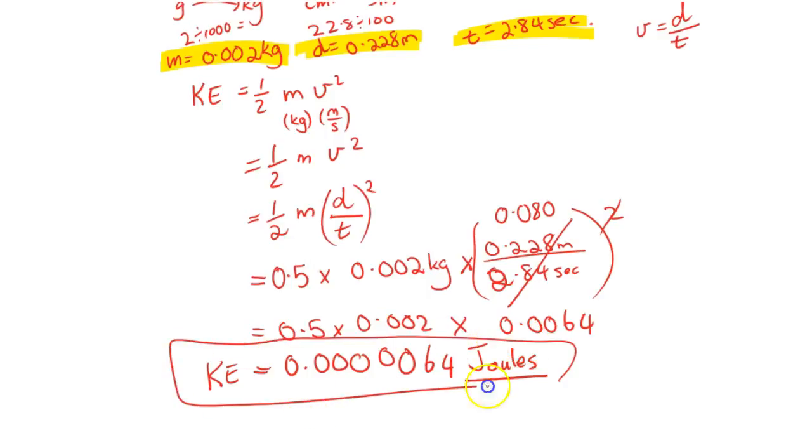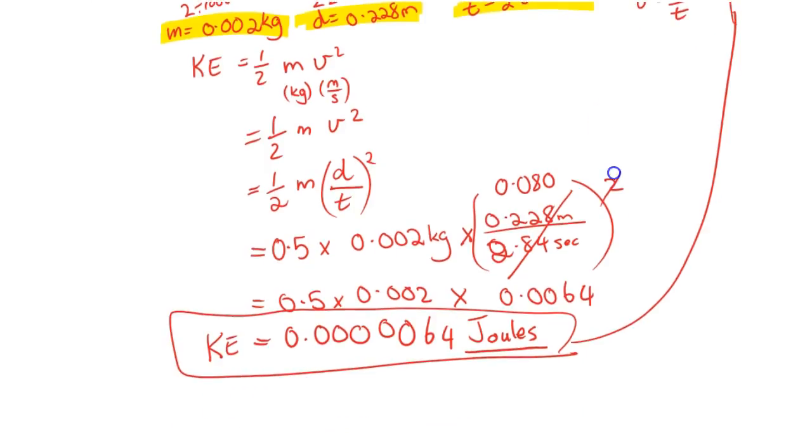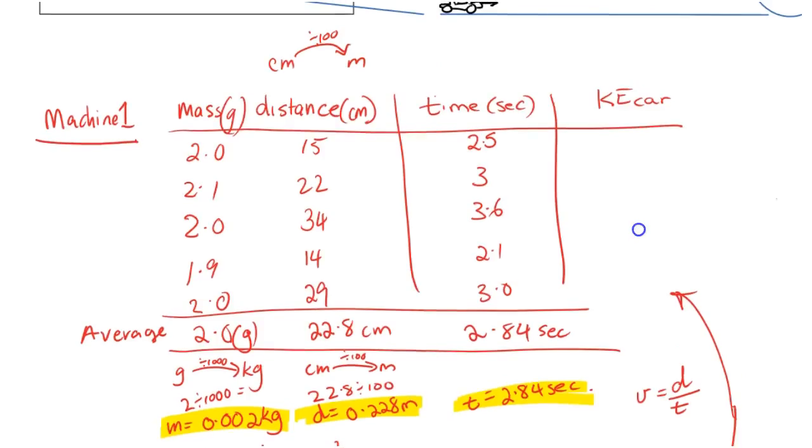That is the answer that we put in up here. My kinetic energy of my car was, let me go down here and see it. How many zeros? 1, 2, 3, 4, 5.